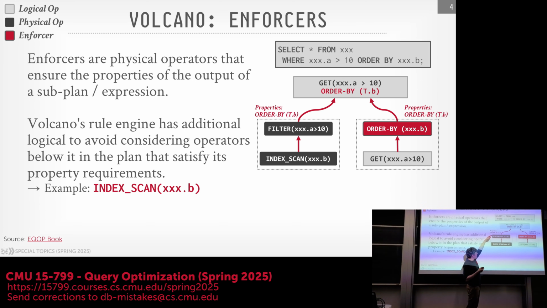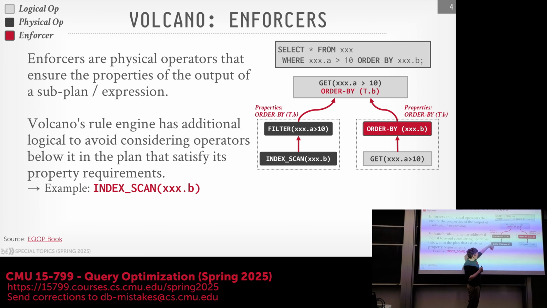Now on the other side, I can start expanding out in the cost analysis phase. Now I can start applying rules that convert the root of the query plan tree into physical operators. On one side here, I can say I know I need to do an order by on column B. Well, I have an index on B, so let me do a scan on that, followed by a filter on A. I'm showing this as one step, converting that logical plan into a physical expression, but one or more rules could do that.